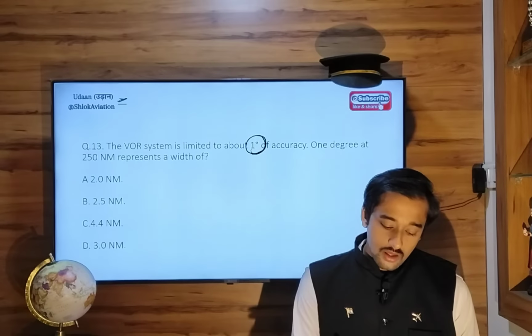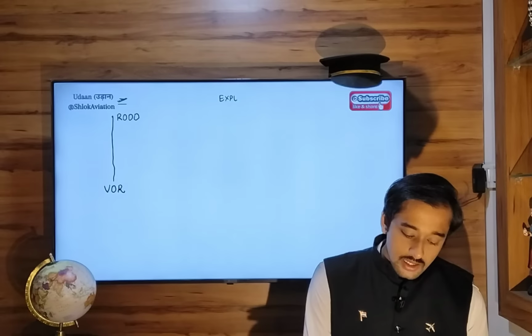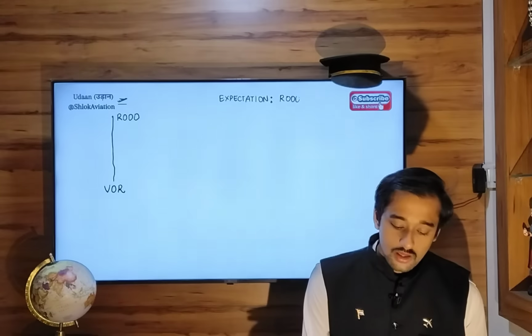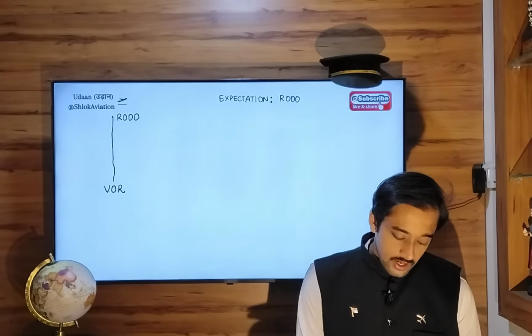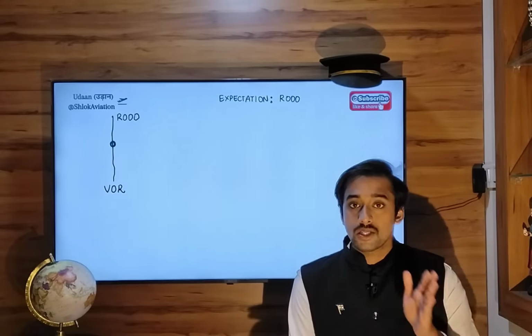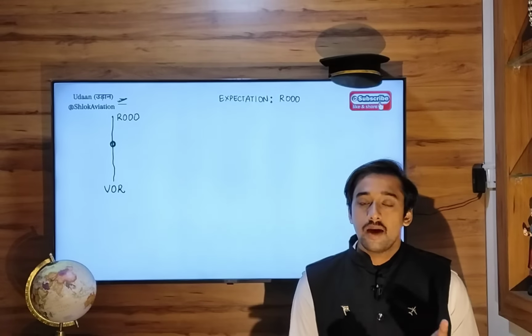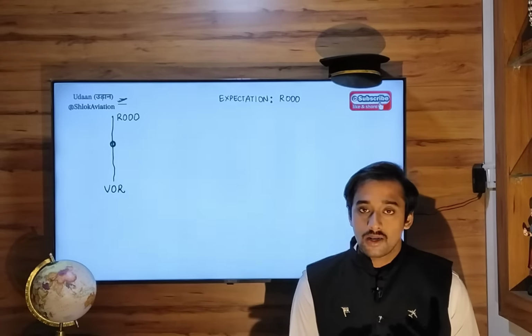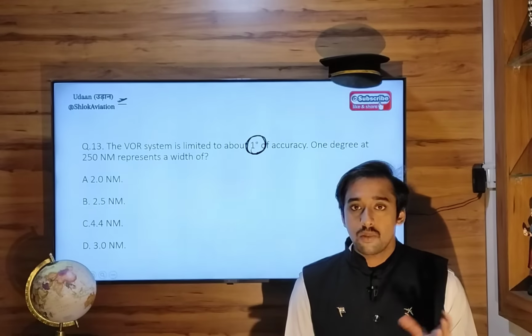That means if your expectation is radial 000, your aircraft is situated on radial 000, somewhere here. So the system should show you that you are situated on radial 000 accurately. But it can happen, no system is perfect. So VOR, as given in the question, the accuracy limit is 1 degree plus or minus.